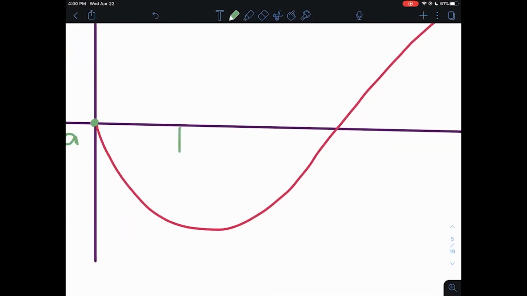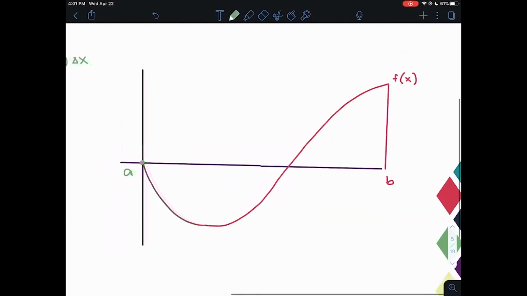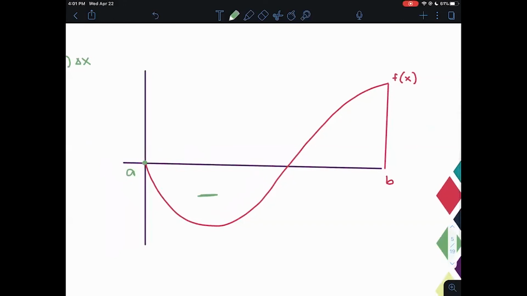If I do that, even just drawing in one rectangle here, when we look at this, the height of this rectangle has a negative value. We're getting a negative area. So what happens overall, see if I can get rid of just this green line. Yep. What happens overall is that this piece of the function here ends up with a negative area, and this ends up with a positive area.